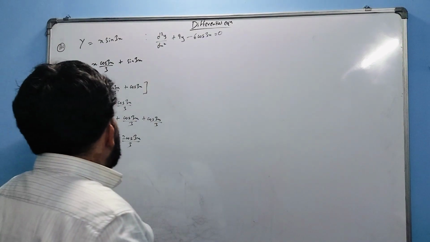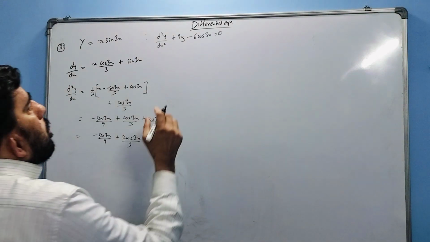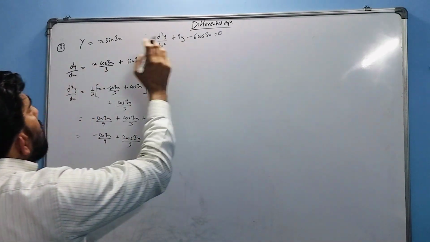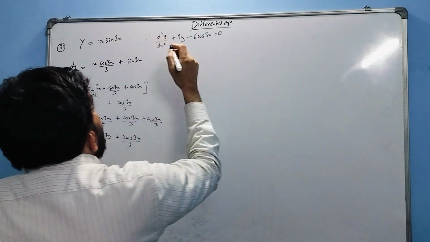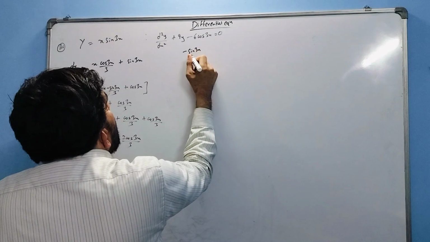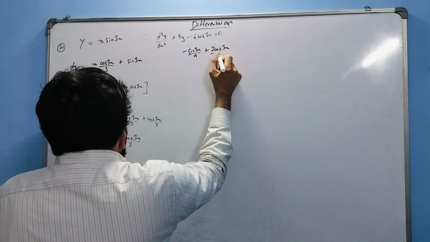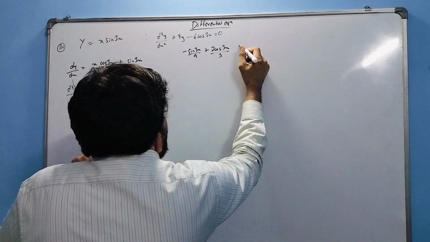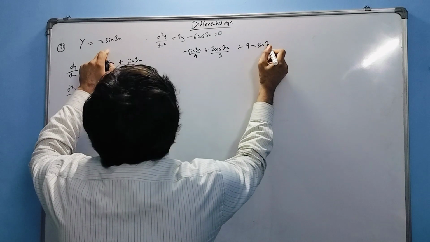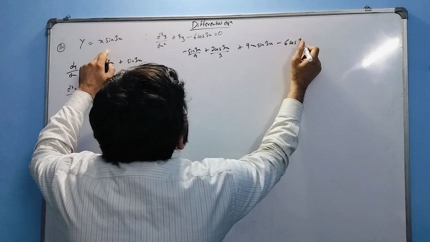Now let us put this in the differential equation so that we can know whether this is a solution or not. Put this value: minus sin 3x by 9 plus 2 cos 3x by 3 plus 9 into y, that is 9x sin 3x, minus 6 into cos 3x.